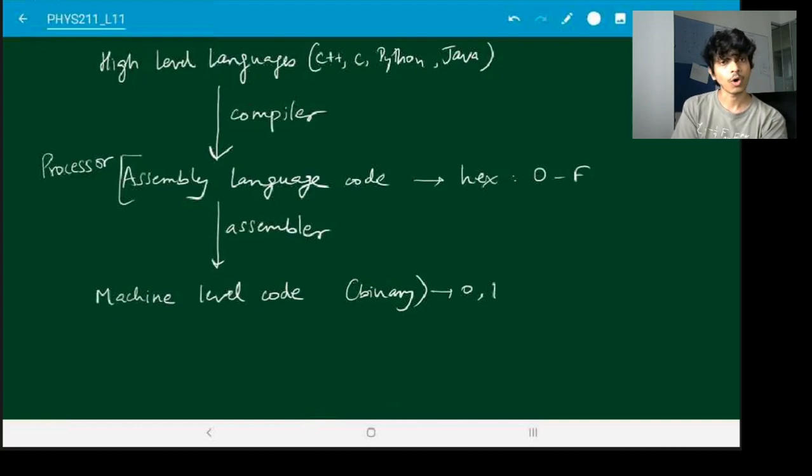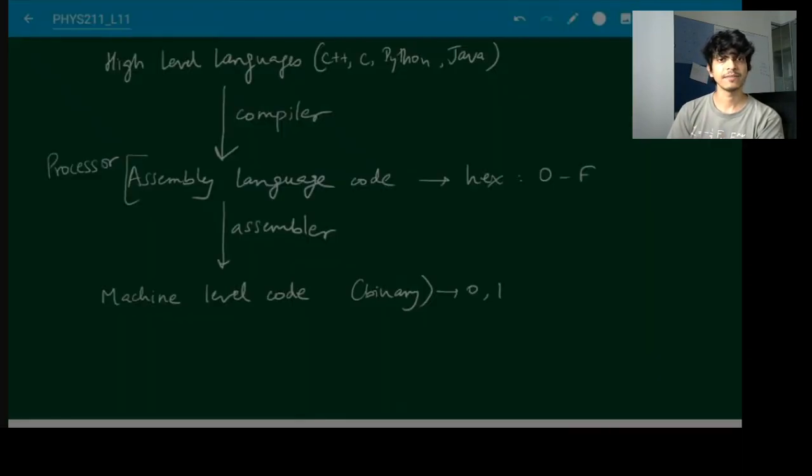And the cost that we pay for that high level is all of these extra computational overheads of having an operating system, having a compiler. If you don't want all of those overheads, if you want a very quick and fast program, you can go one step down and write an assembly language code, an assembly level program.